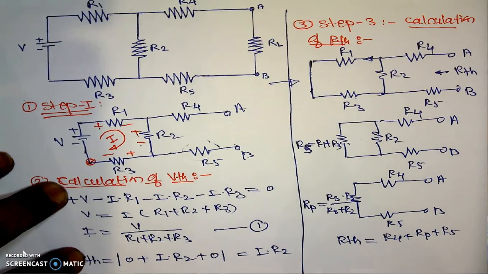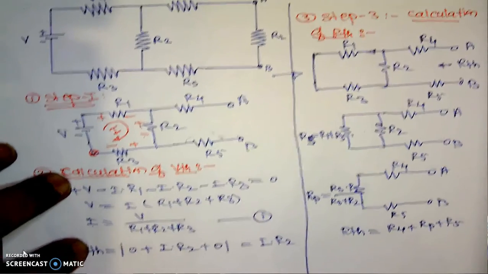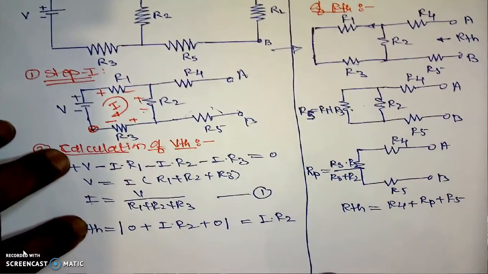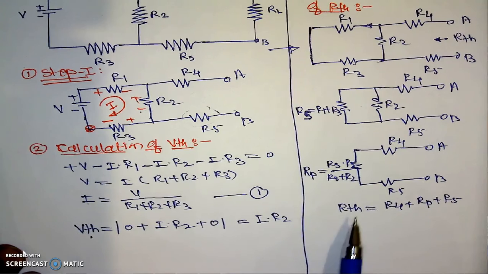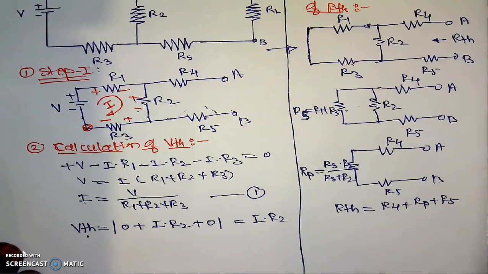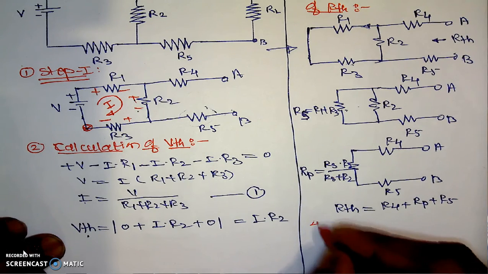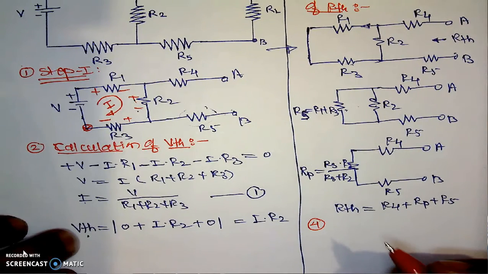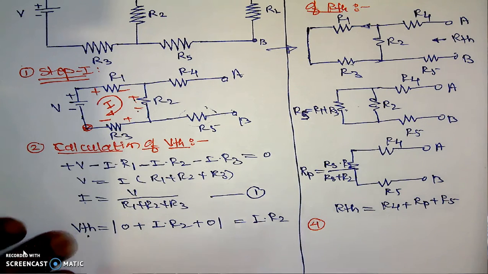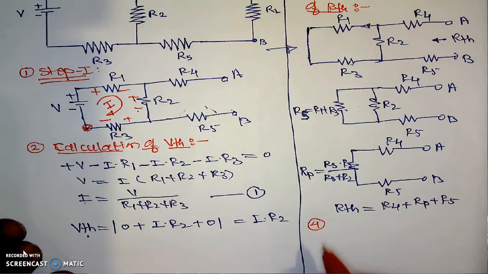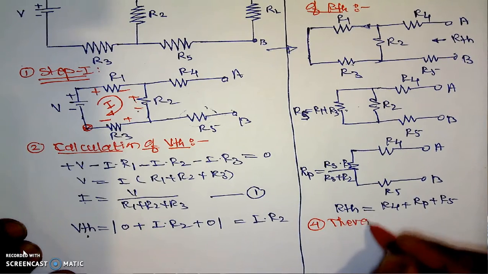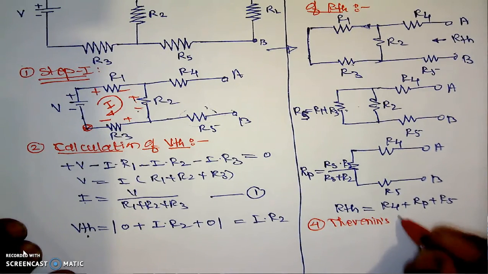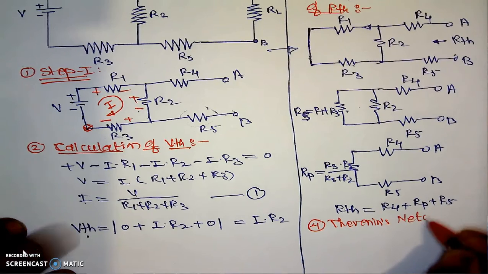And when we know the values of VTH and RTH, look here: we have calculated VTH, we have calculated RTH, and if we know both values, there will be the final step. That is step number 4. When we know VTH and RTH, then the complicated network is replaced by the Thevenin's network.